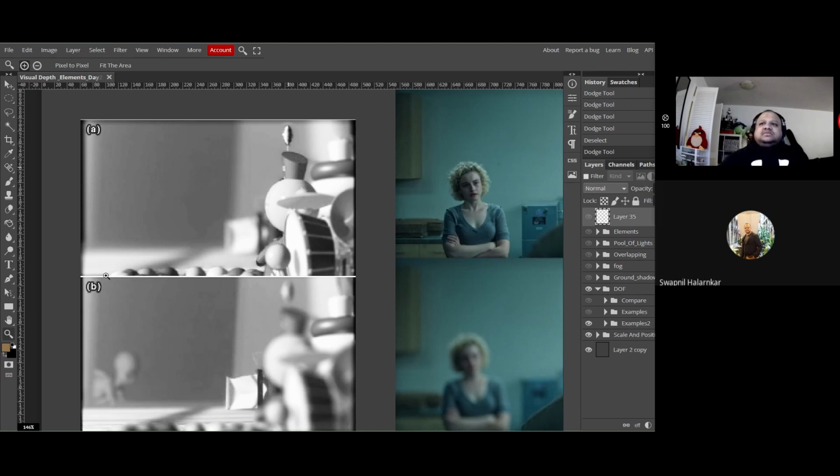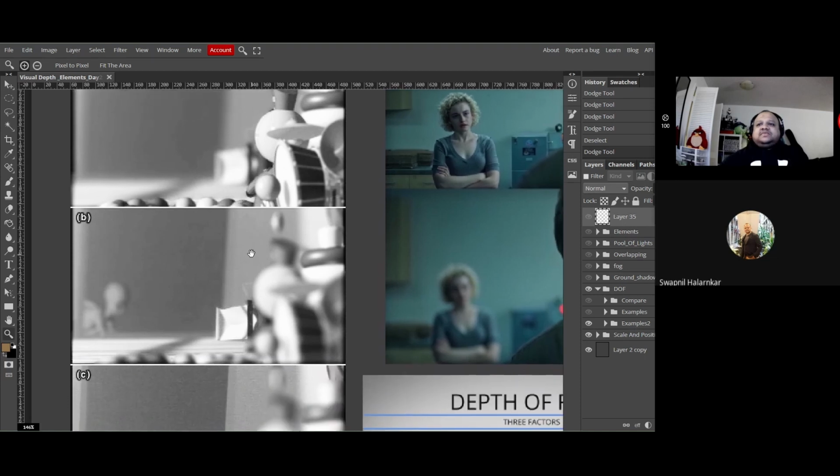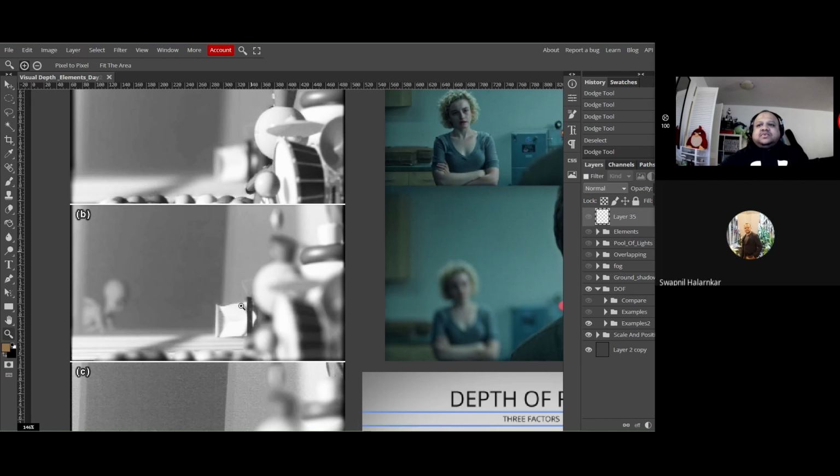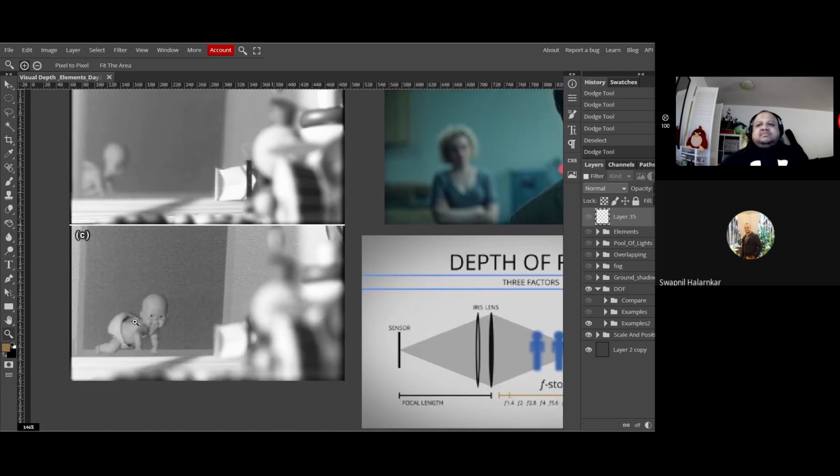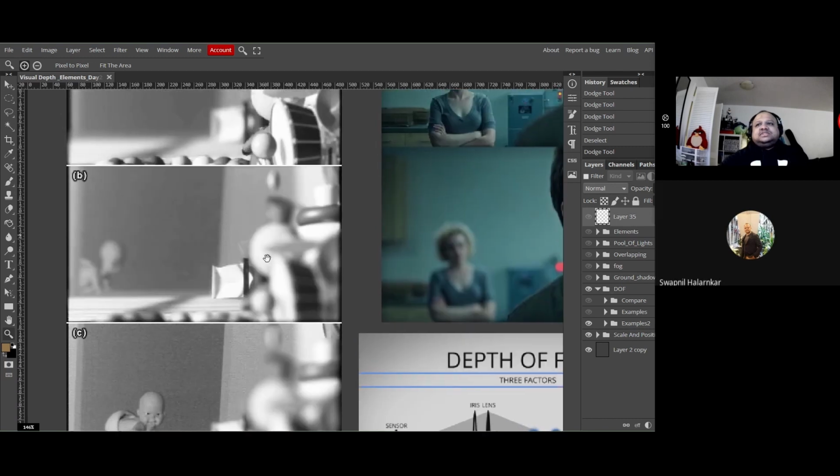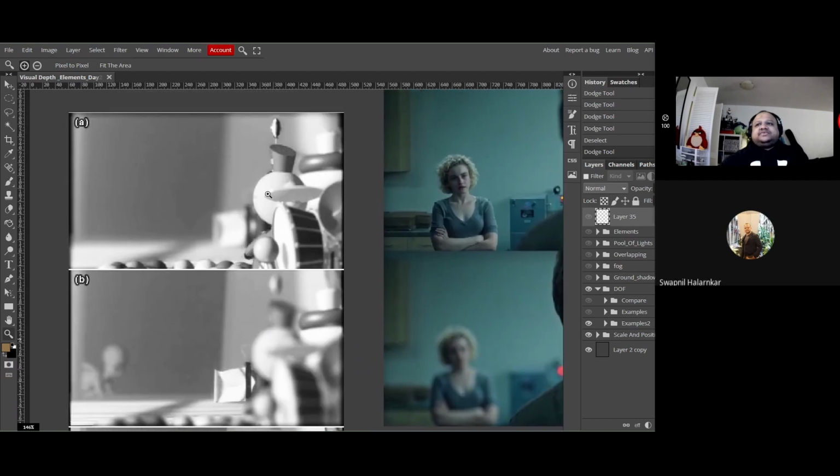So here what we see, there is this character which is in focus in this part, and then after some time you see there is some object which is in focus, and then we see a defocused baby over here who is approaching, and then we see the baby seeing this object, and now the baby is in focus. So this is called rack focus, changing the focus from one object to another and then to another.